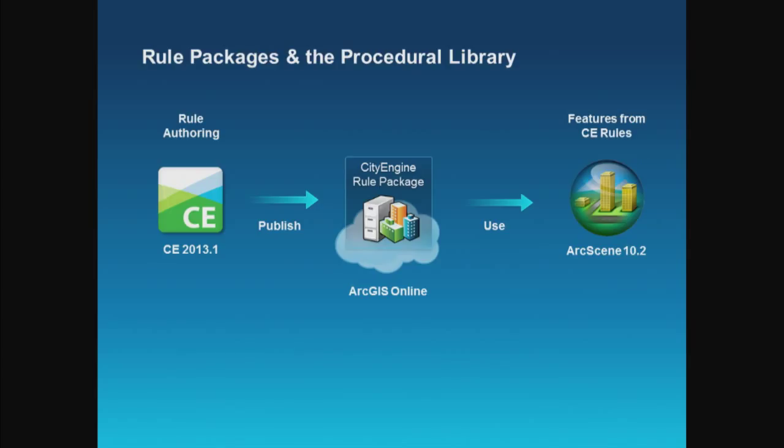One of the other reasons for this is, as you saw with Brooks and also some of the tools that will be coming out with Pro, the use of procedural modeling, not only in CityEngine, but also in a natural GIS environment. So the latest release of ArcGIS has the ability to consume rule packages that have been defined and developed in CityEngine.